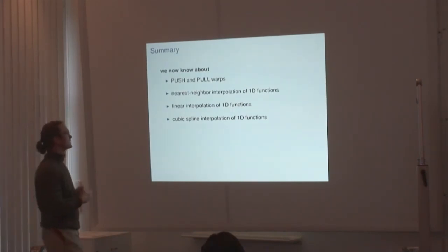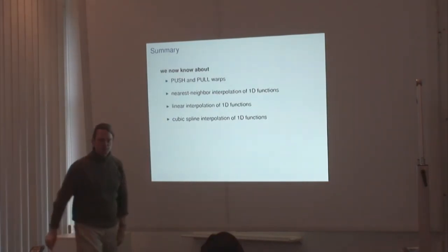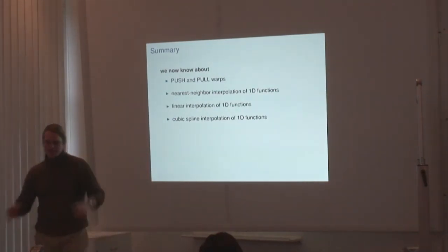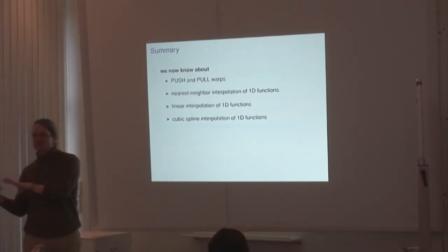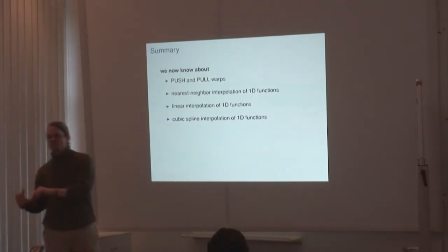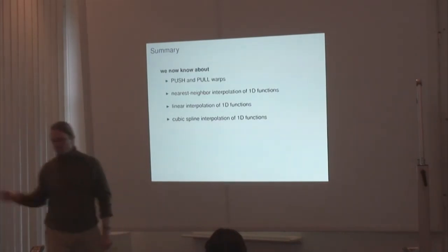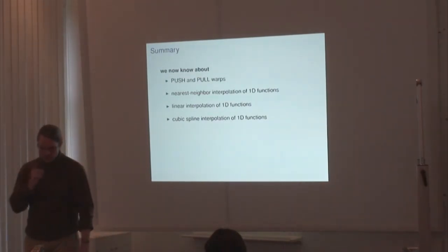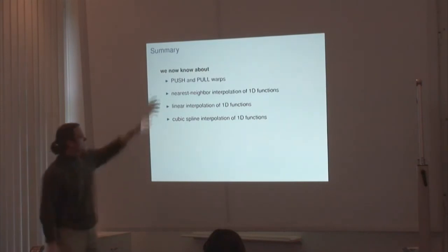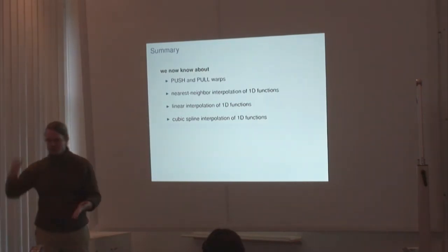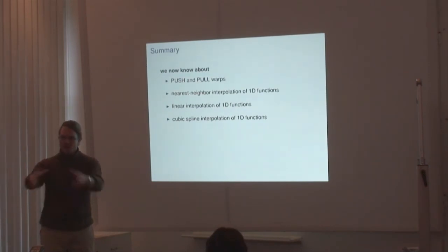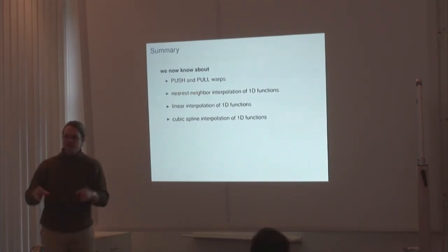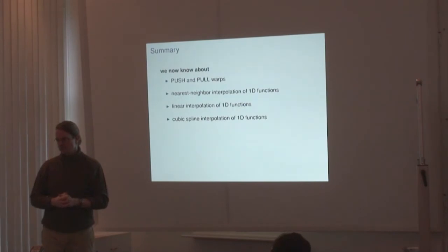Or the smart solution, the pull warps, which iterate over the coordinates in the destination image and pull the color or intensity values from the corresponding coordinates in the original image. And we saw that this idea of computing pull warps necessitates interpolation. We have to think about how to get values from in between pixel coordinates.